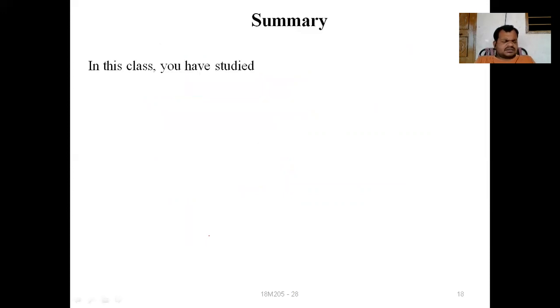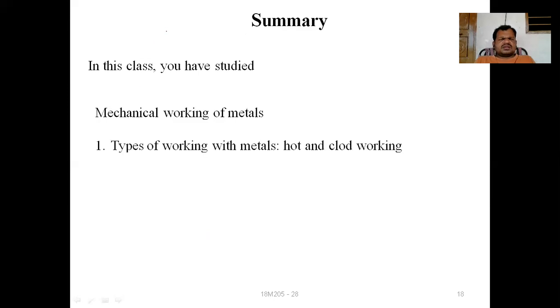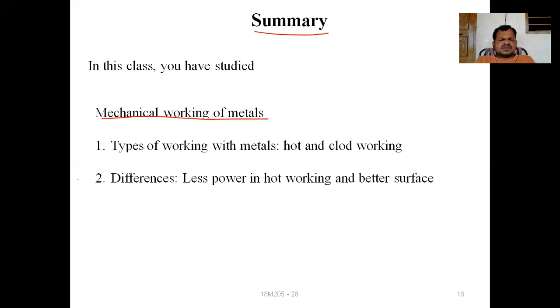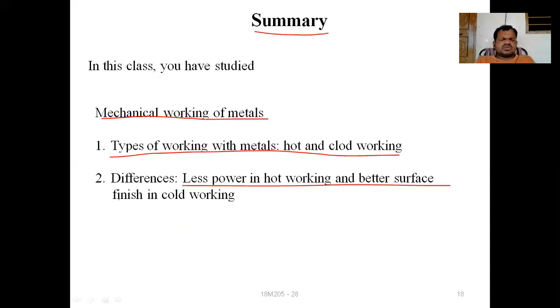Coming to the summary, in this class we have studied mechanical working of metals, and types of working of metals, hot and cold working, and differences: less power in hot working and better surface finish in cold working.